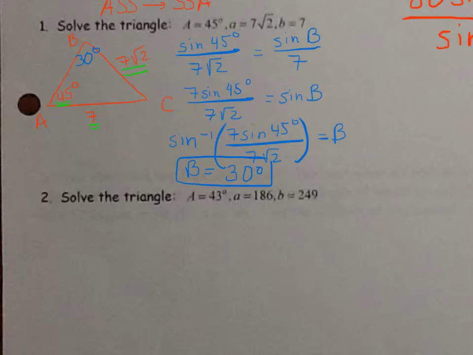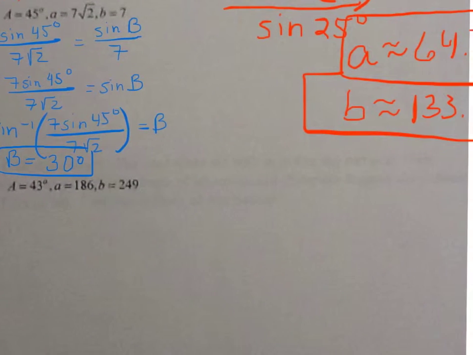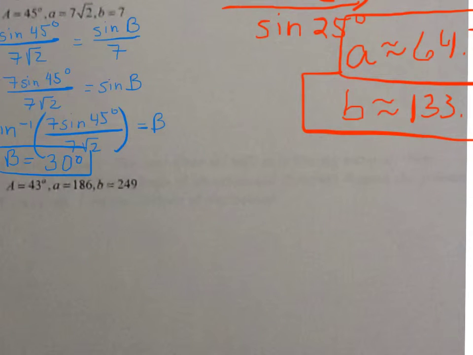Okay, now, if we wanted to see if there was another angle that worked, here's what we would do. Let me do this out to the side, way out to the side here. If I wanted to know where else could sine of angle B be the same as at 30 degrees, now I need you to think about all the stuff we've been talking about. 30 degrees would be right here in the first quadrant.